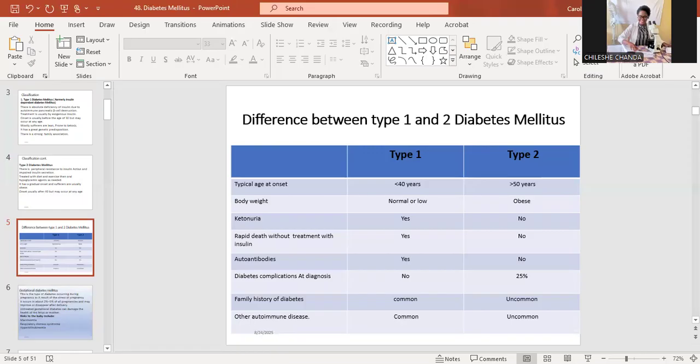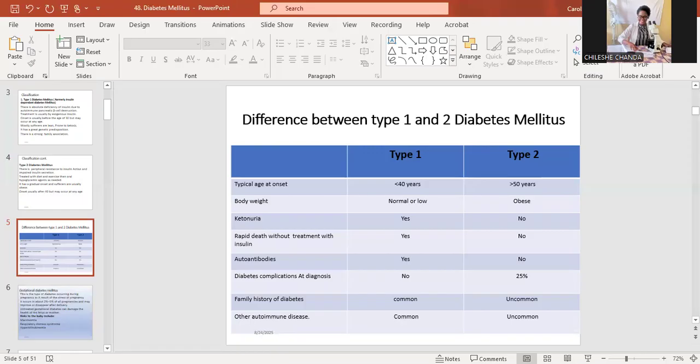In type 1, you find that the patient has autoantibodies. These antibodies are the ones that are fighting against the pancreas. Okay, and in type 2, the patient has no autoantibodies, meaning the pancreas is okay, it hasn't been fought.